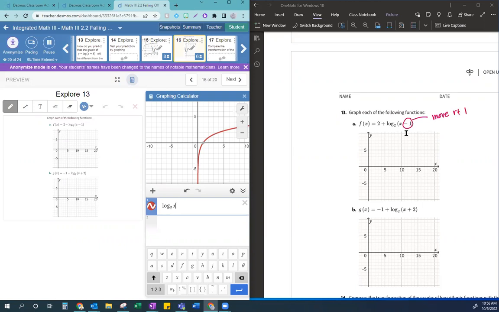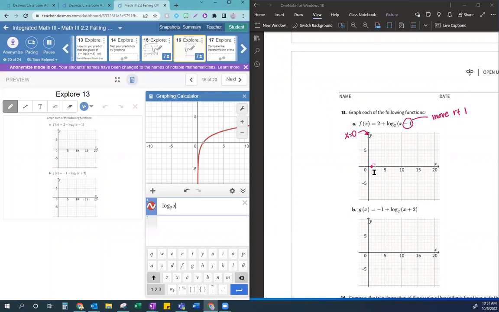So here's what I'm going to do. I'm going to take my graph and I'm going to start off with my 2 notable things. My asymptote at x is equal to 0 and my normal point at 1, 0. According to this, I now need to move that point to the right one.